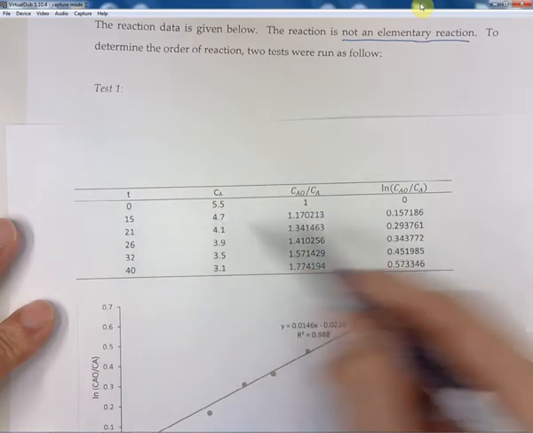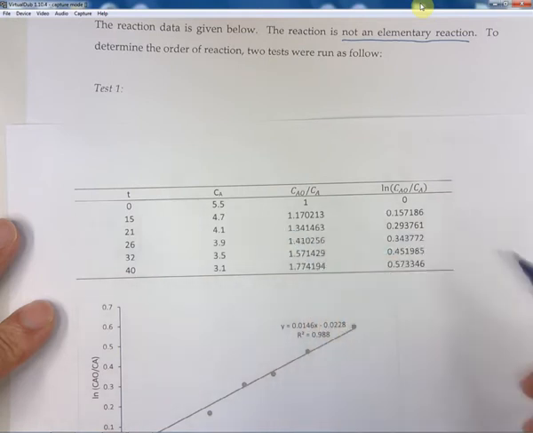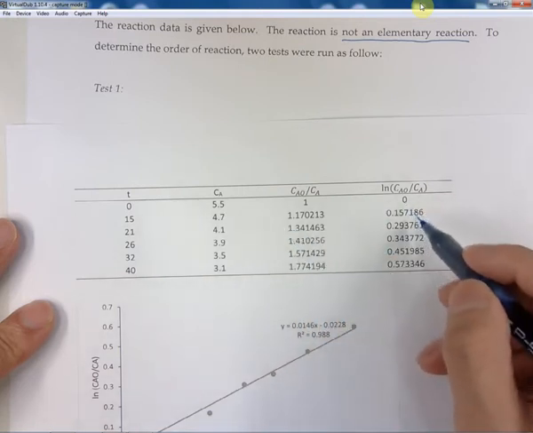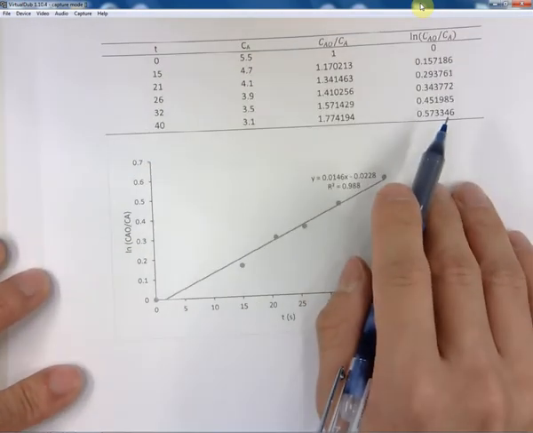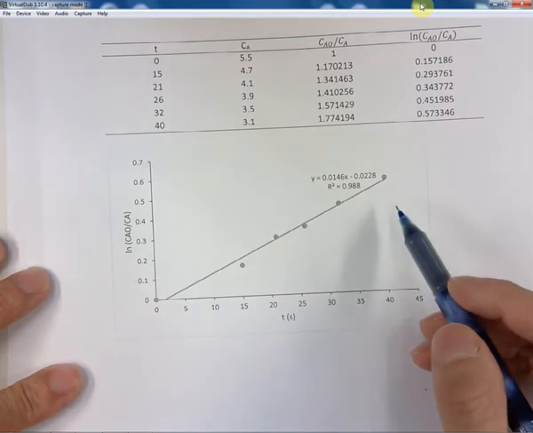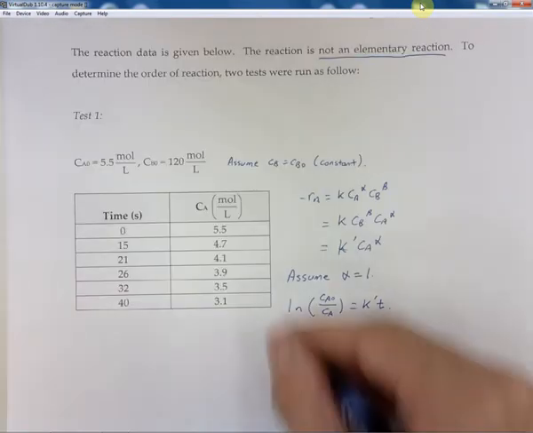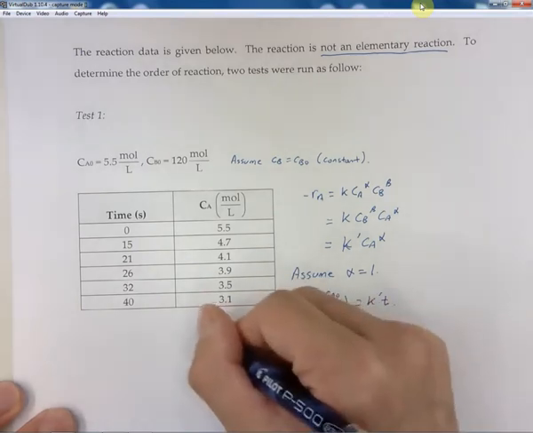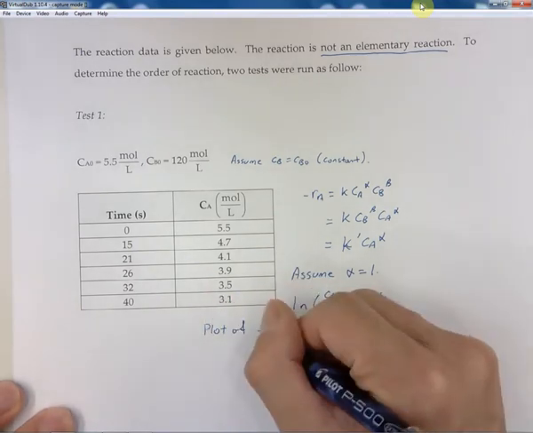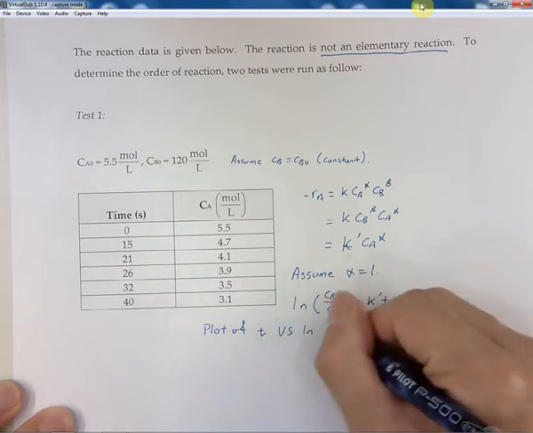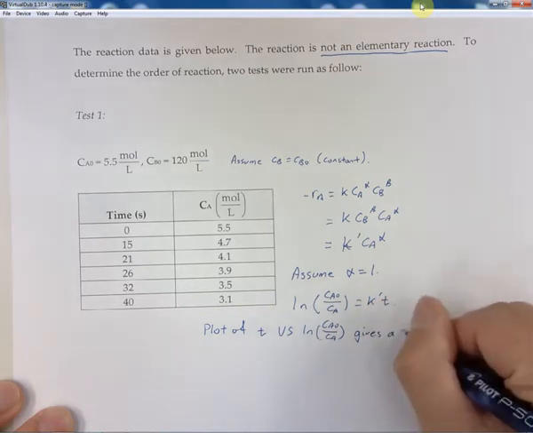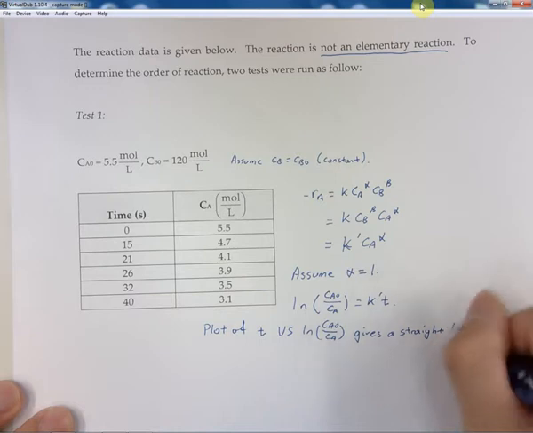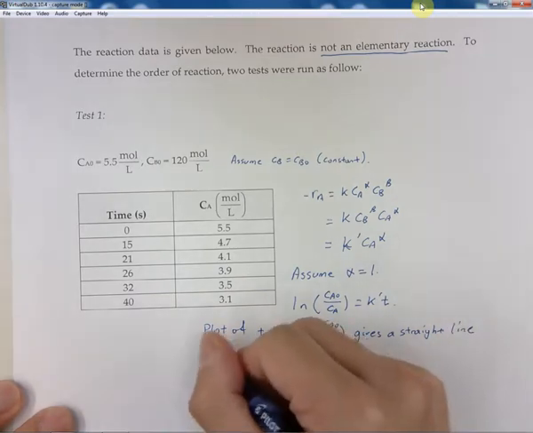The second one will be 5.5 divided by 4.7. Subsequently, if you take the ln of Ca naught over Ca, you have this table. If we plot time t versus ln Ca naught over Ca, you get a straight line. So this means that it is a first order reaction. The plot of t versus ln Ca naught over Ca gives a straight line, so the assumption is valid: alpha equals 1.